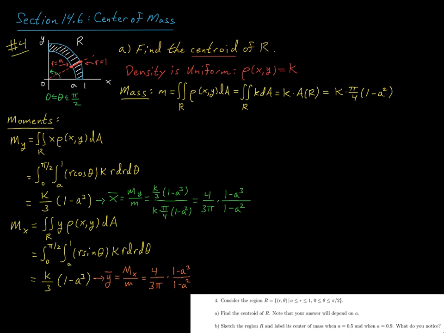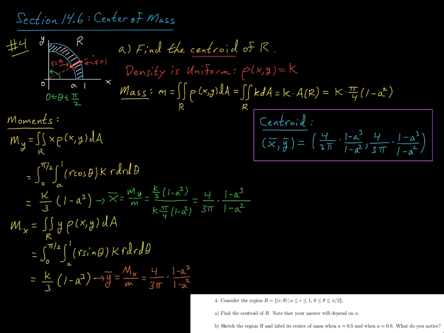What that implies is that our center of mass lies along the diagonal y equals x. Given this shape is symmetric about that diagonal, and we're assuming uniform density, that makes a lot of sense. So we conclude that our centroid is given by this location.